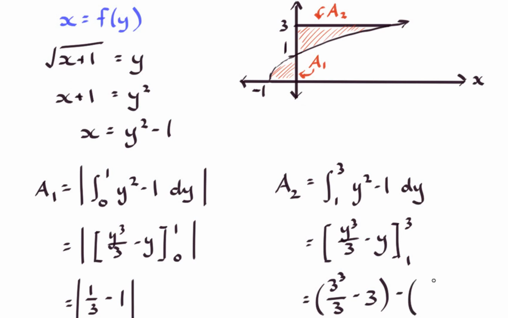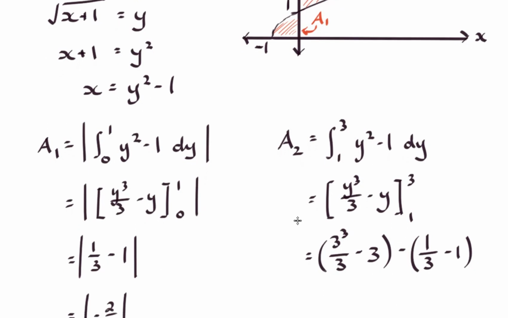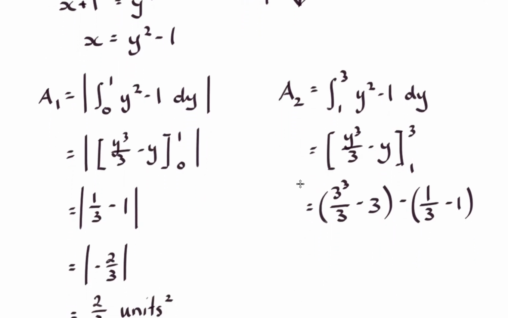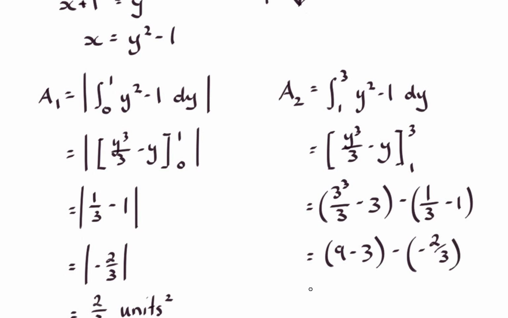Then we've got to take away our 1 cubed, which is just 1, on 3 minus 1. Three cubed is 27, and 27 divided by 3 is 9. So we get 9 minus 3 in the first brackets, and then, well, we already know that this is negative 2/3 because we just did it before. And so 9 minus 3 is 6 plus this 2/3, so 6 2/3.